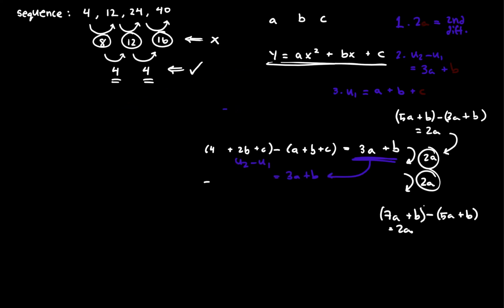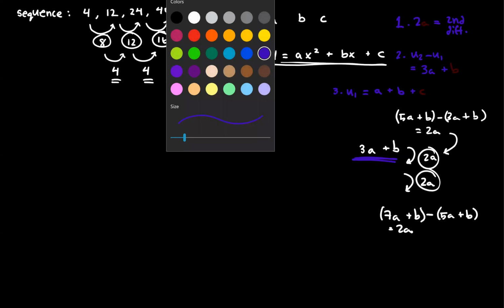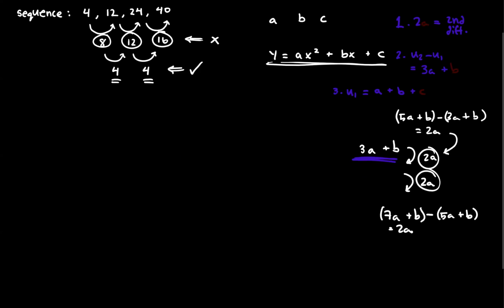So if we look back at the sequence that we were dealing with at the beginning, 4, 12, 24, and 40, let's try to apply these equations. So we know that 2a is equal to the second difference. So what can we say from this?